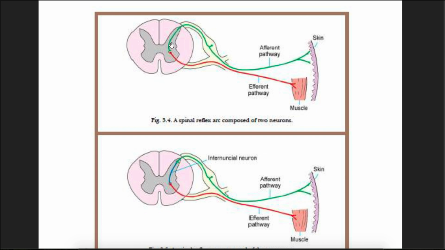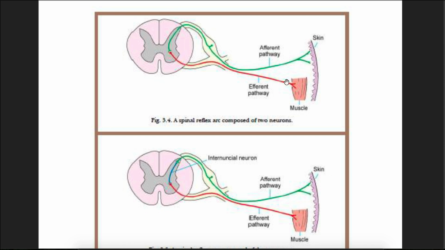That sensation will be communicated to the anterior horn motor neurons, and then they will affect skeletal muscles to react accordingly. So, this is a simple two neuron spinal reflex, afferent pathway and efferent pathway.